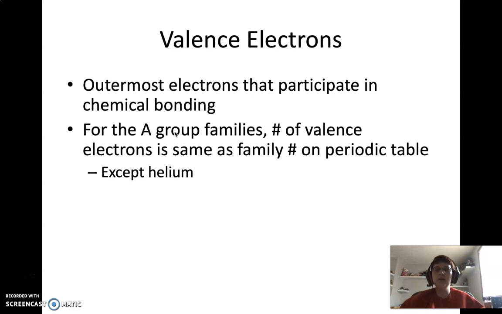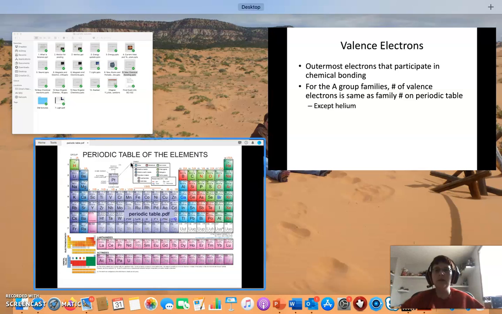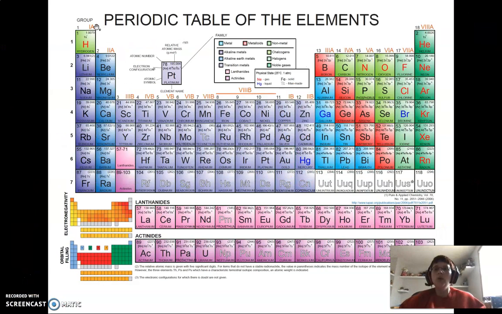Let's take a look back over at the periodic table. Group 1A means it has 1 valence electron, that 1 electron in its outermost level, just hanging out by itself. Group 2 is going to have 2.